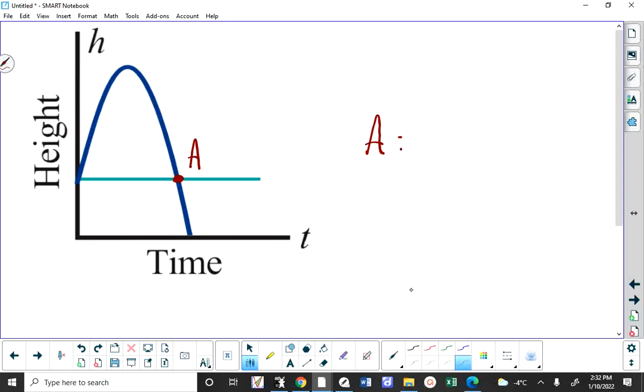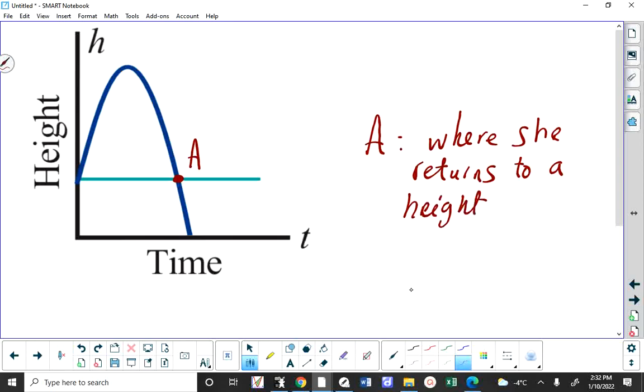And hopefully she doesn't jump off of the end of the diving board and go straight up. Because if she did, that point of intersection would be where she hits the diving board, right? She jumps off at an angle. So A is where she returns to a height of, we can actually be very specific here, 3 meters.